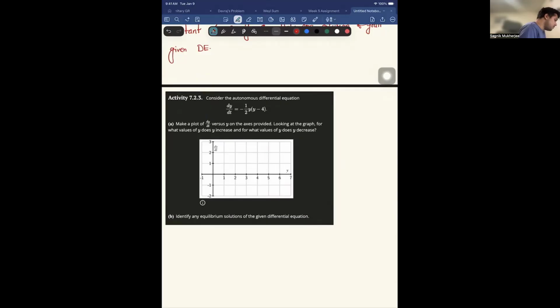Looking at the graph, for what values of y does y increase and for what values of y does y decrease? So, okay.